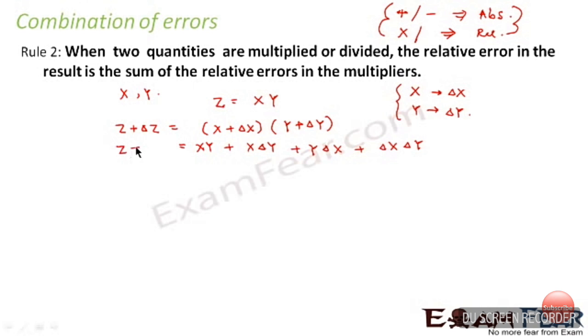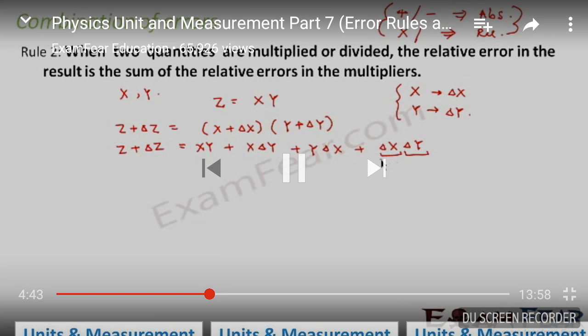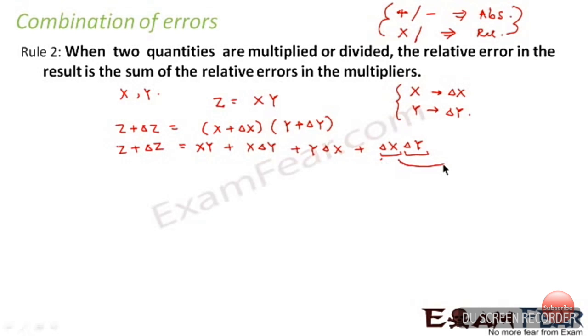Now what do we do? Since delta x and delta y both are very small, we ignore this product of two small quantities. This term is ignored. Now we divide LHS by z. So we get 1 plus delta z by z.